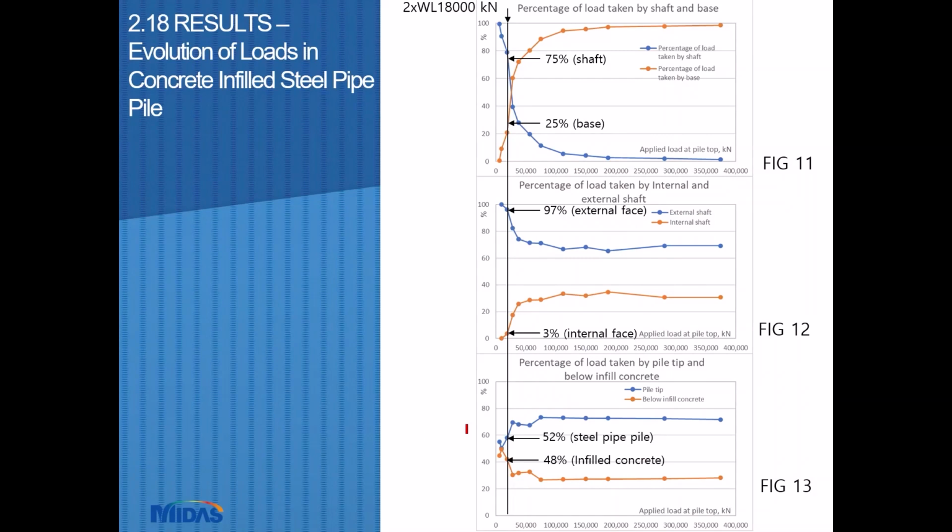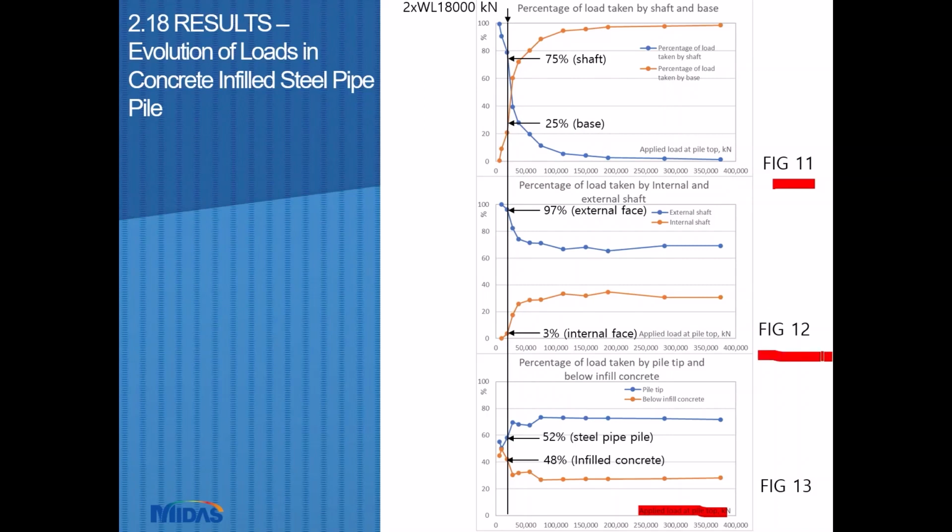And now we look at the evolution of the loads in the concrete infill steel pipe pile plotted against the applied load at the pile top. And now we look at figure 11. The applied load is initially taken up by the shaft, and it is gradually transferred to the base as the applied load increases.